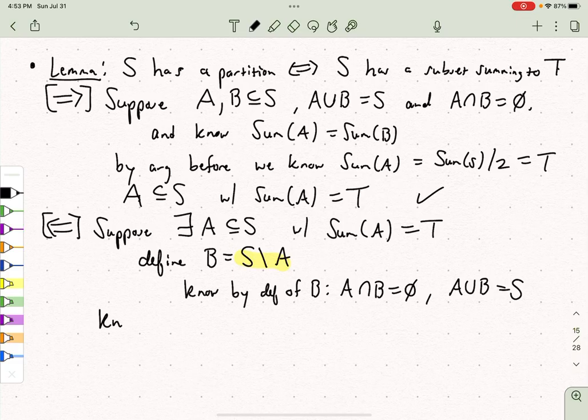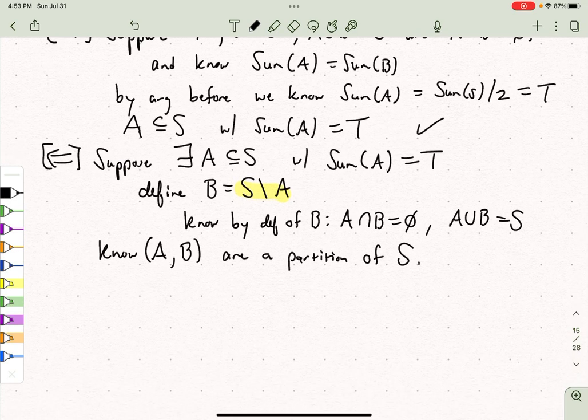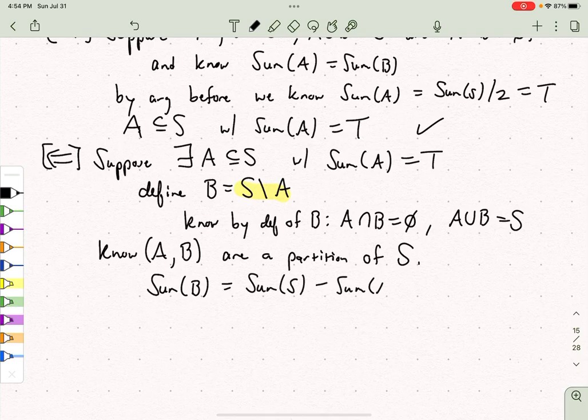So A and B are a partition of S. And then we also know, by assumption, the sum of A equals T. And so the sum of B equals the sum of S minus the sum of A. And again, this is just because it's a partition.